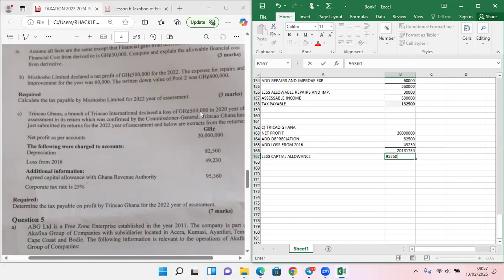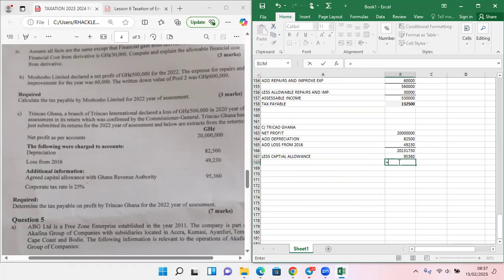But since they are silent on any profit or loss for 2021, we also become silent on this amount, so we don't treat it. If this was in 2021, then we would have also deducted it. But since it is silent and it is also in 2020, we leave it like that.